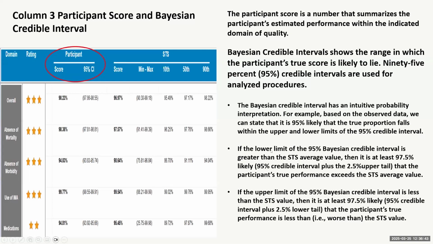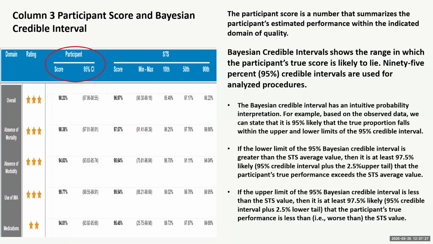If the lower limit of the 95% credible interval is greater than the STS average, then it is at least 97.5% likely that the participant's true performance exceeds the STS average. Okay, that's a mouthful, I know. I've got an example on the next slide. If the upper limit of your 95% credible interval is less than the STS value, then it is at least 97.5% likely that the participant's true performance is less than the STS value.